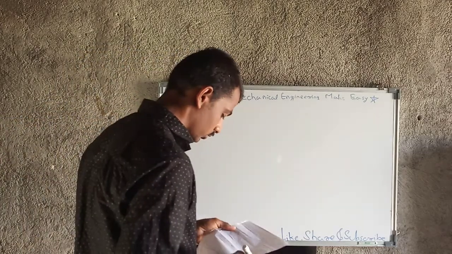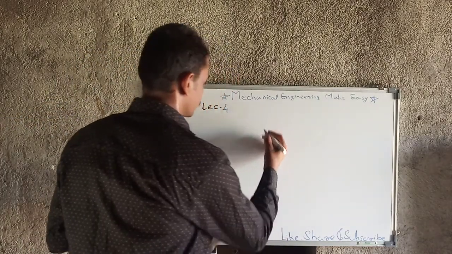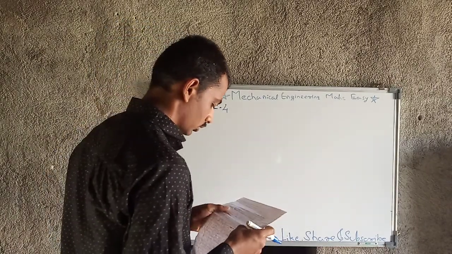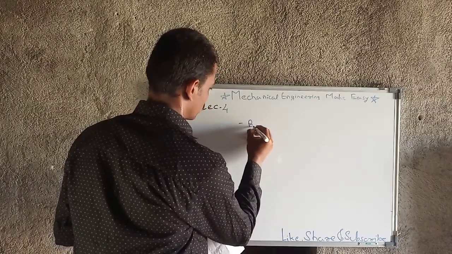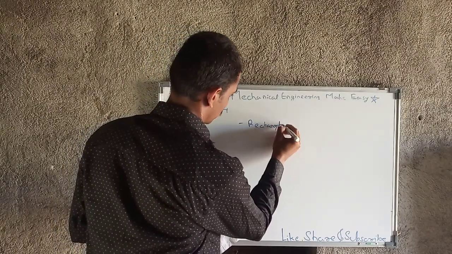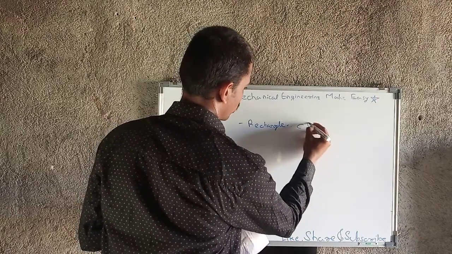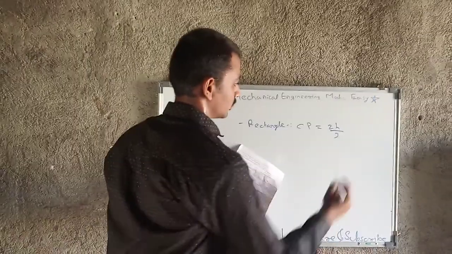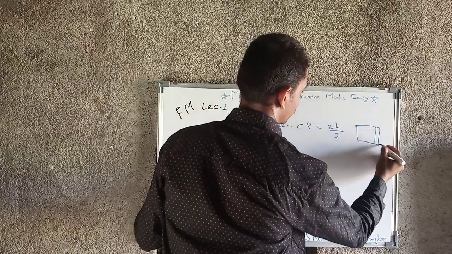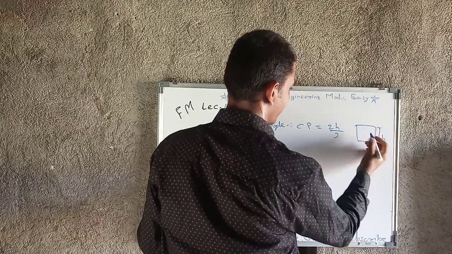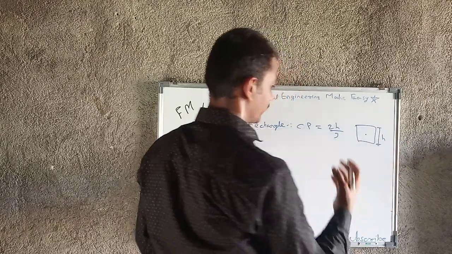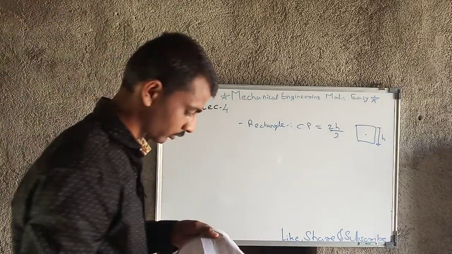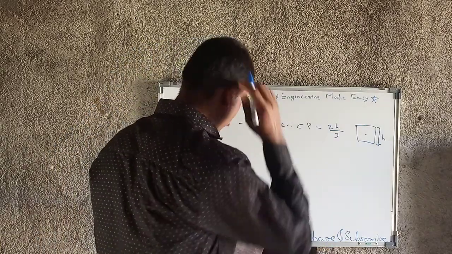So, values of the center of pressure for different sections. If there is one rectangle, then the center of pressure will be at 2h by 3. Means there is one rectangle, so this is the height, and 2h by 3 will be the location of that point at which all the total pressure acts. Then a triangle with base on the free surface.